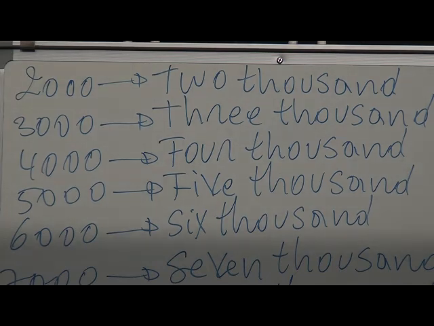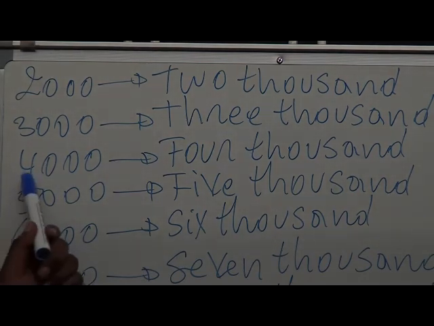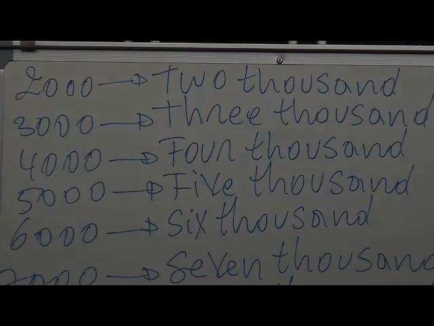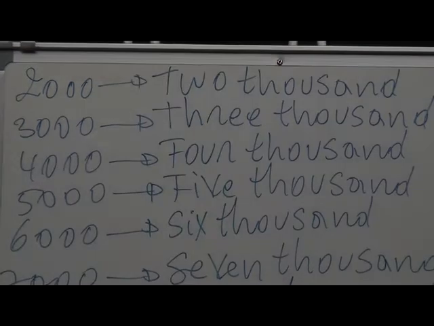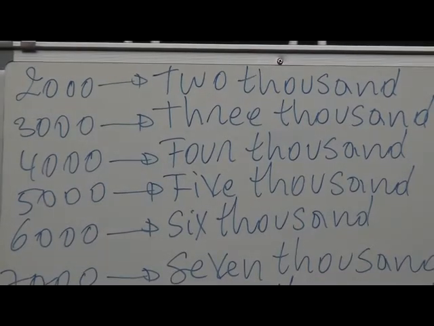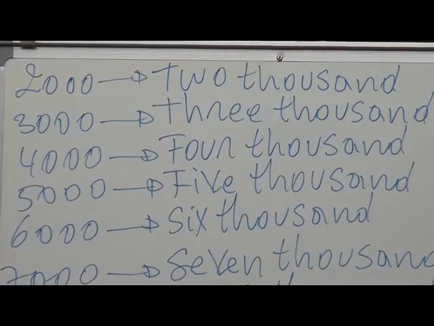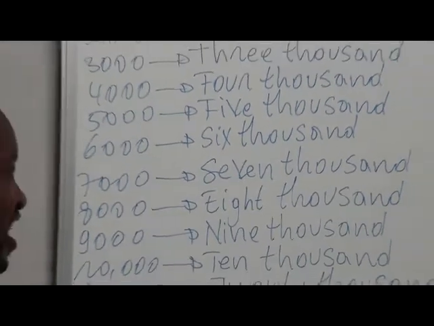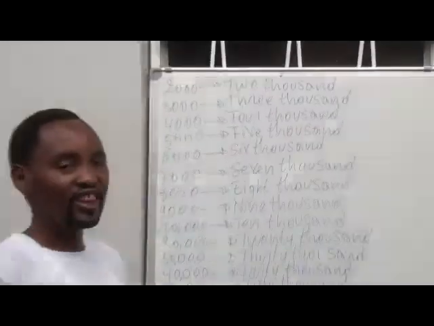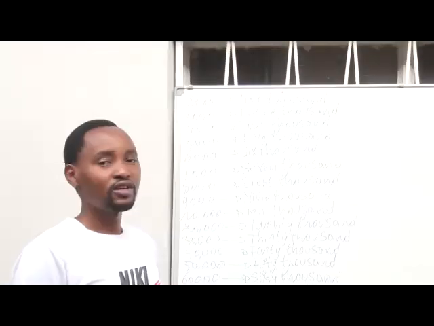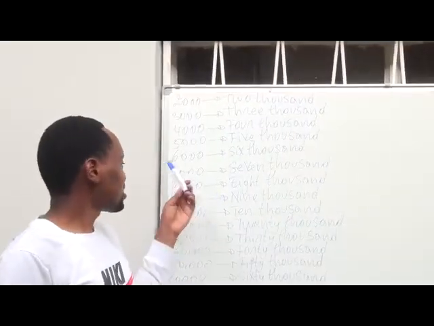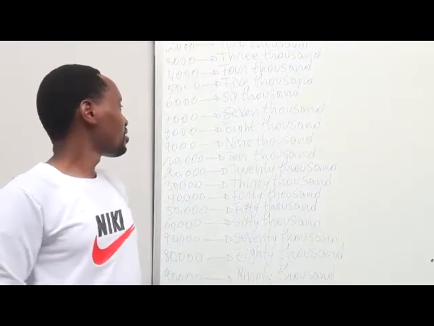3,000. Here we have 4 and 3 zeros. We will say 4,000. 5, we have 5 and 3 zeros. We will say 5,000. 6 and 3 zeros.